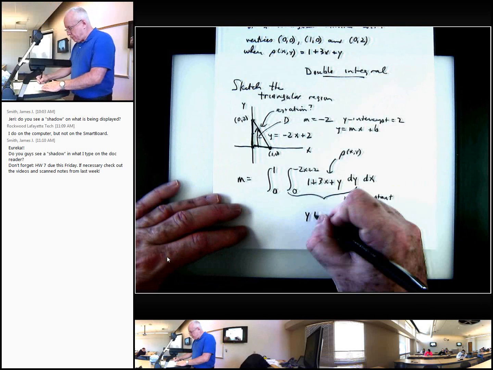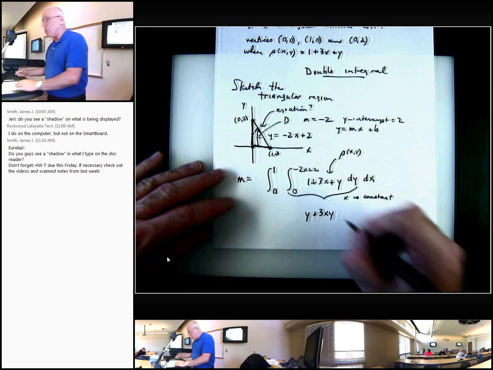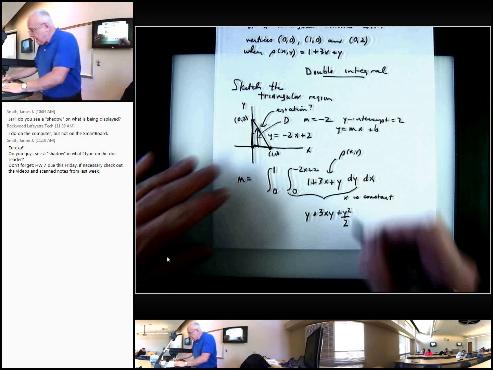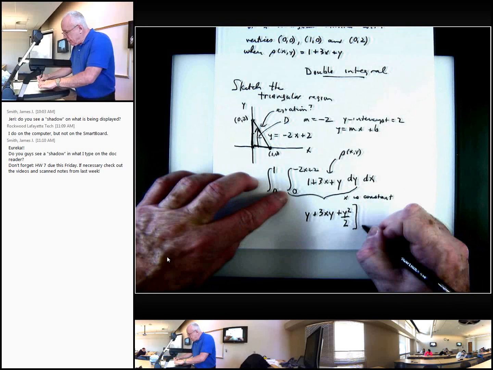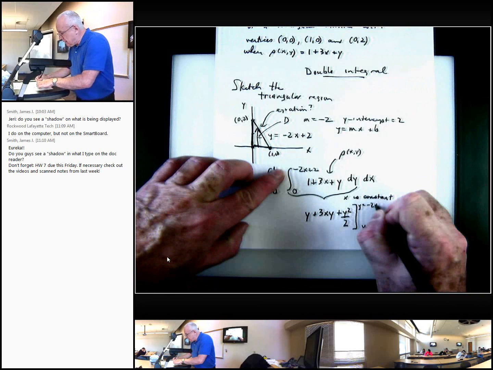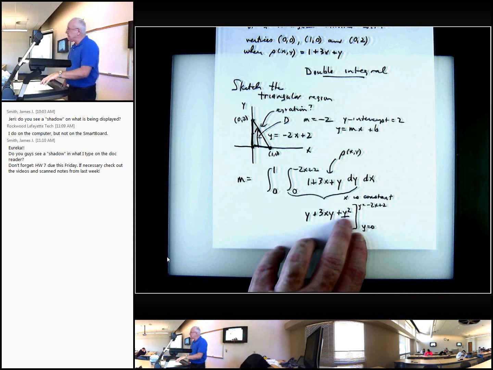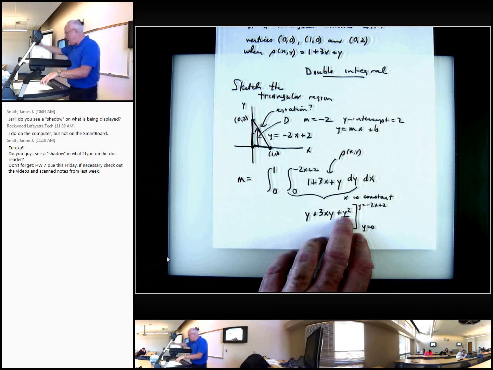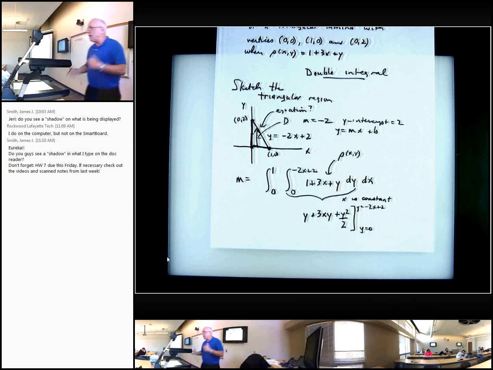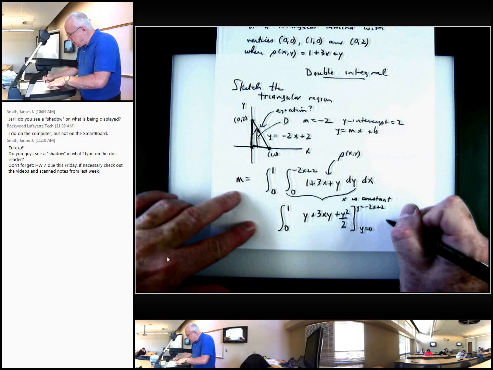What does 3x become? 3xy, and y becomes y squared over 2. That's our antiderivative, and then we have to apply our limits. The lower limit is y equals 0. The upper limit is y equals minus 2x plus 2. You can tell already that since we have a y squared here, we have to plug in minus 2x plus 2, so we have to FOIL things out, so we've got to be careful with algebra. Let's put in our outer limit, 0 to 1 dx.